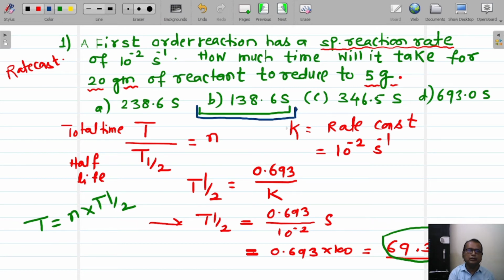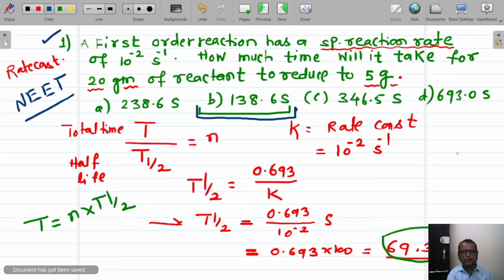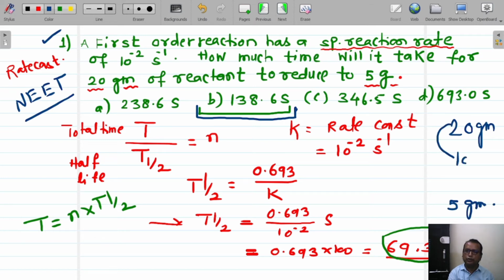Okay, beta, it is a very important problem related to the NEET exam. How to determine half-life stages: first half-life stage, second half-life stage. This 20 gram is the initial amount and 5 gram is the final amount. 20 is converted into 10, exactly half, and 10 is converted into 5, another half.